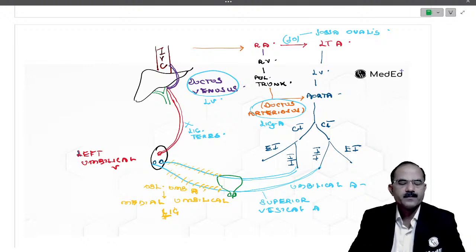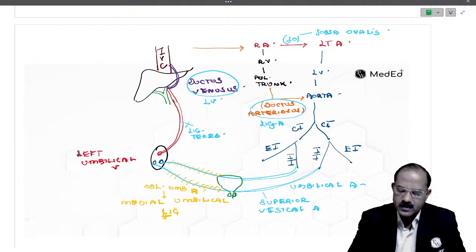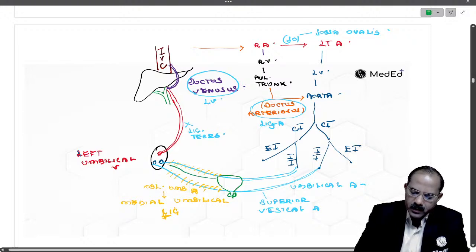Clear? Fine. Now, in fetal life, there's a communication between the urinary bladder and the umbilicus. Can anyone tell me what this is? Yes, Snehajit, that is what you are telling me.